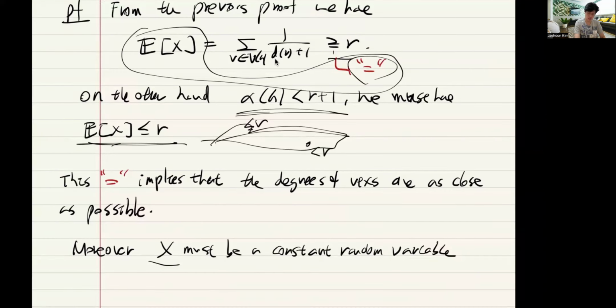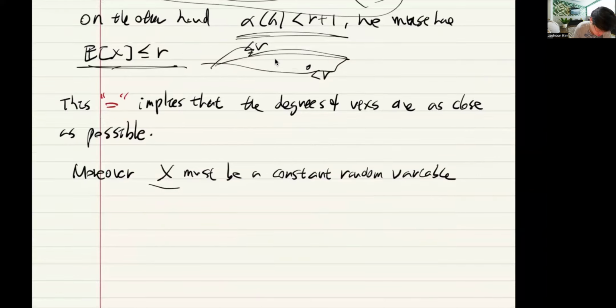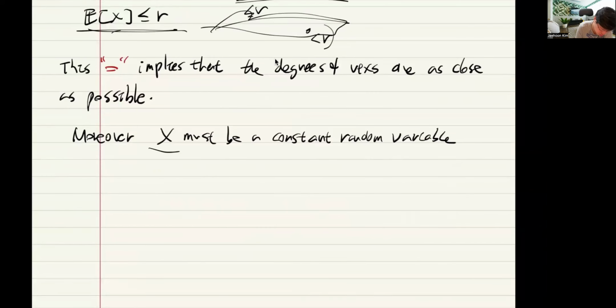But since that's not the case, there must be no such case, meaning that all the values of sigma are exactly r, which is constant. And from this, we want to show that G is a disjoint union of cliques.